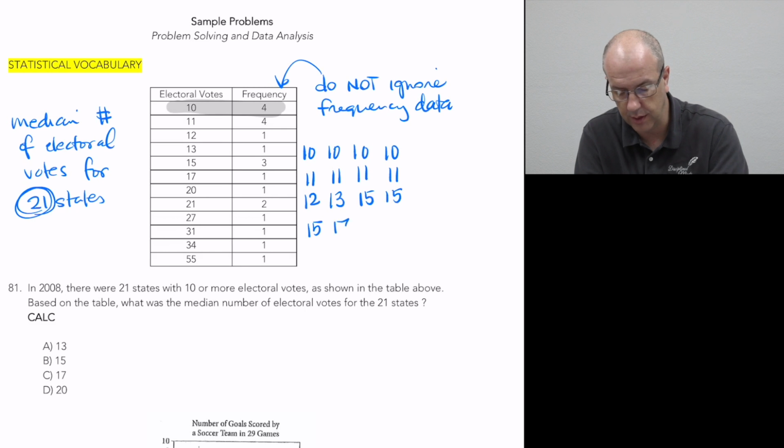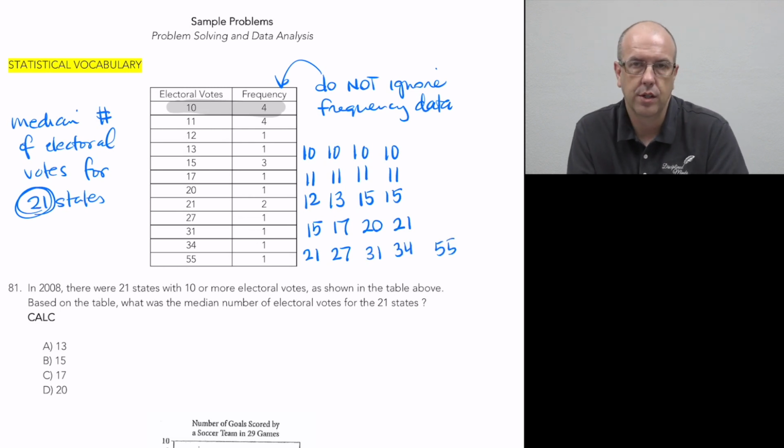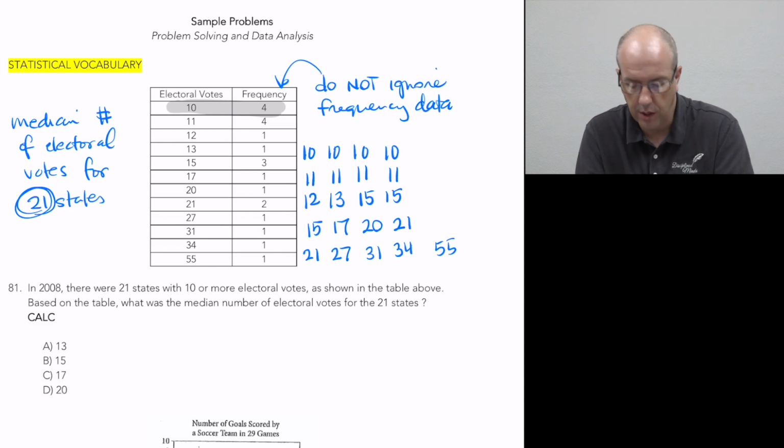Now, I wouldn't normally do this, and I'm going to show you a shortcut to answer this type of question in just a second. Okay, so 21, 27, 31, 34, 55, right? And then I would start looking for the middle. I've arranged them in order. They were already arranged in order. All I've done is expanded them out to include the frequency.